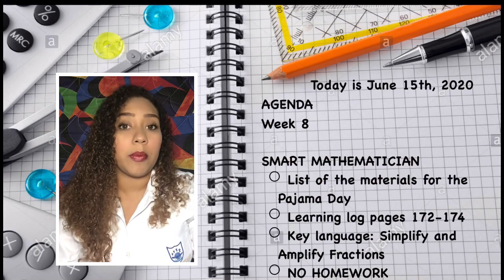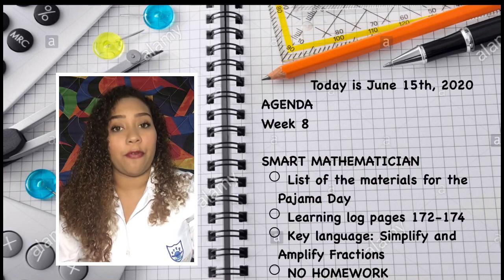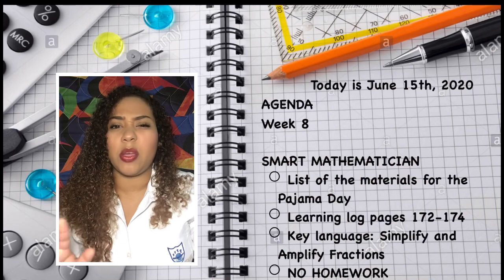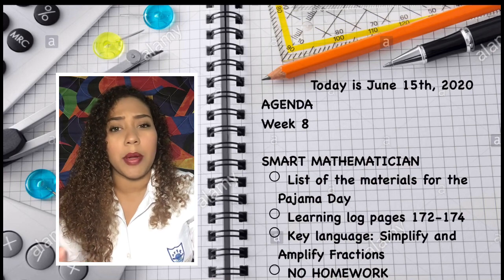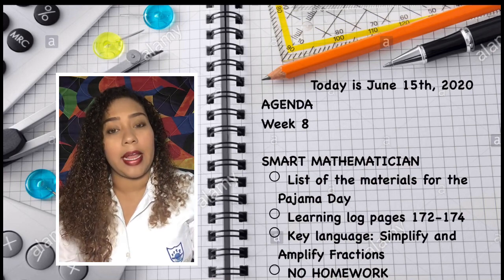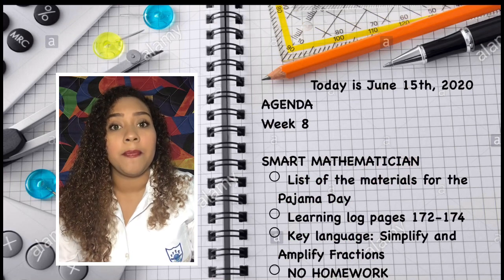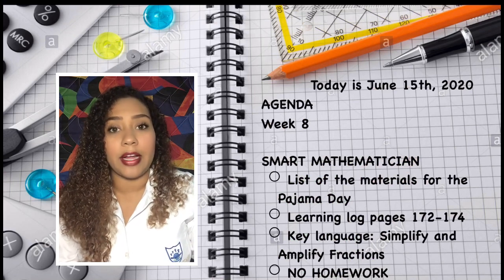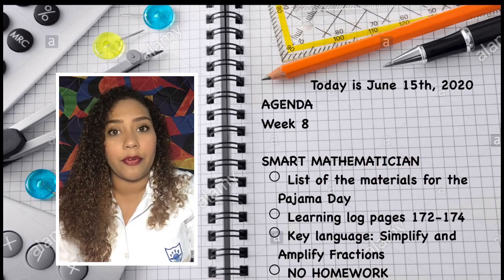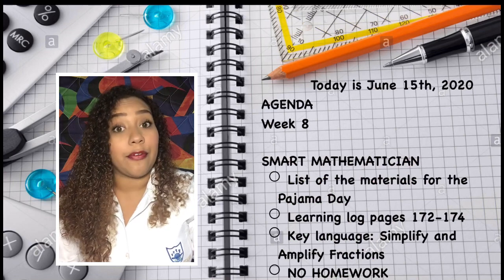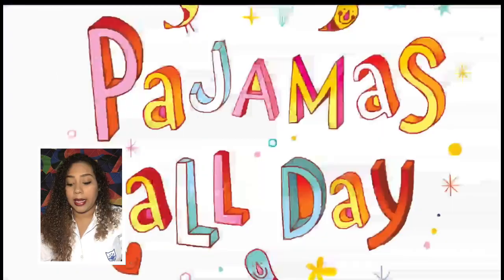Well guys, remember that we already saw the fraction topic. I think it was in the third book, but we already saw this topic. Anyways, we're going to review it. We're going to simplify and amplify fractions. Remember, there are several types of fractions, and today you don't have any homework. So well guys, let's start and see the pajama day materials.